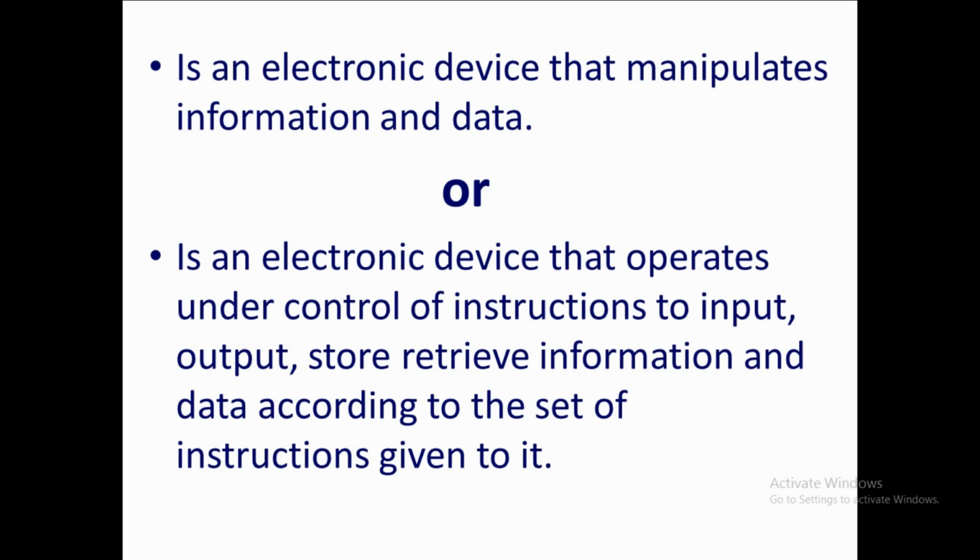Another definition. Let us look at the last definition. It says a computer is an electronic device that operates under control of instructions. I told you before that there are instructions applied to it so that it operates. Who applies them?